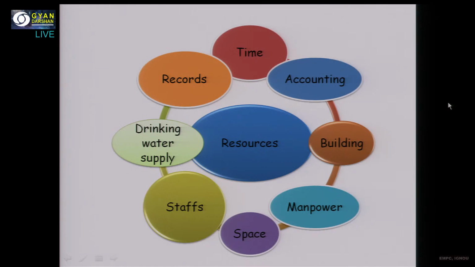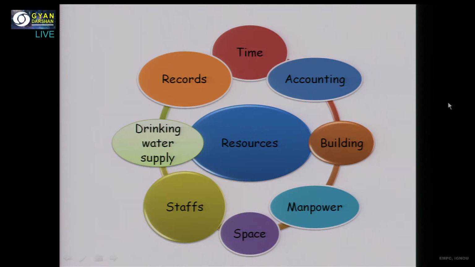Here we can see from the screen that there are different types of resources. Time, that is a resource; accounting, that is a resource; building, manpower, space, staff, drinking water supply, and records, they are all resources.